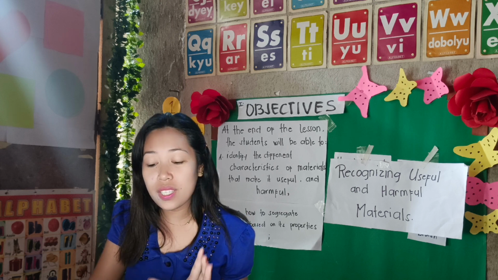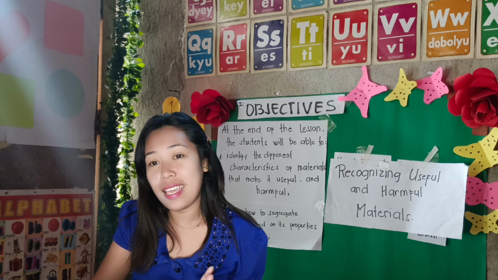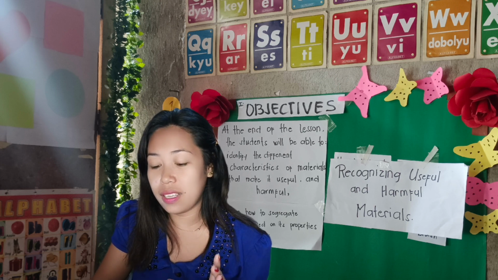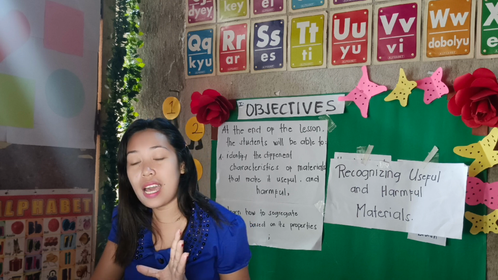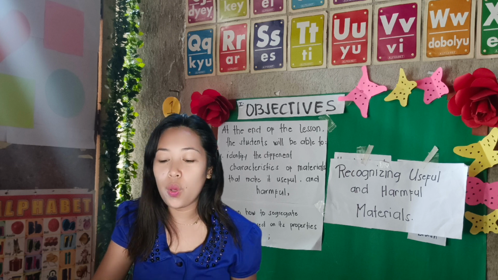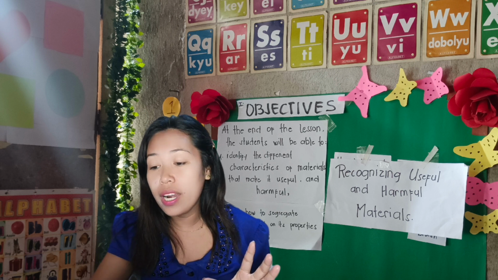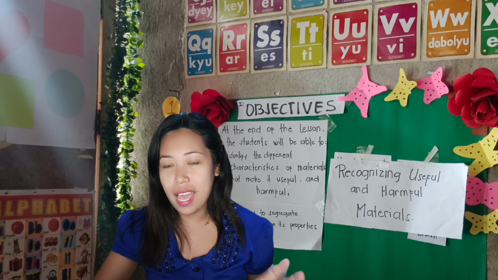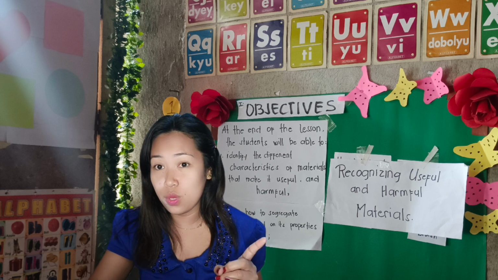We use different materials for cleaning, cooking, eating, and repairing. So the usefulness of a certain material depends on its properties. These are materials that are durable and therefore can be reused many times. True, there are some that are not meant to be reused.